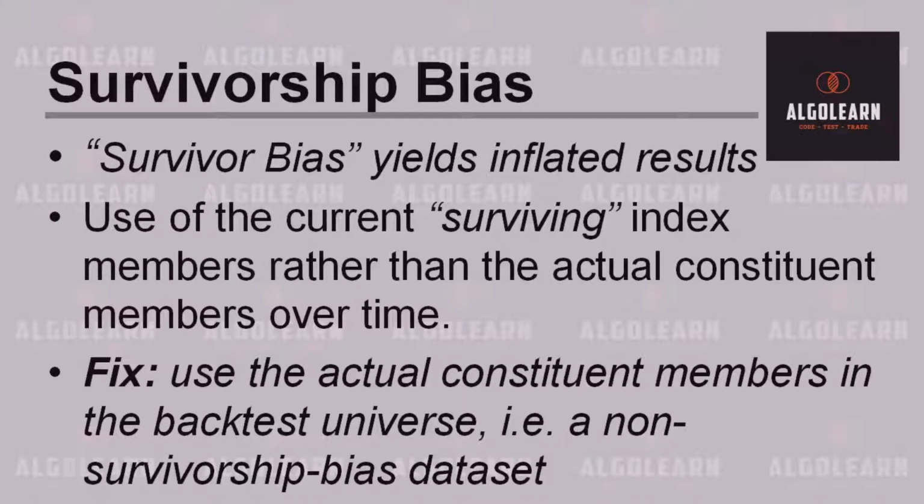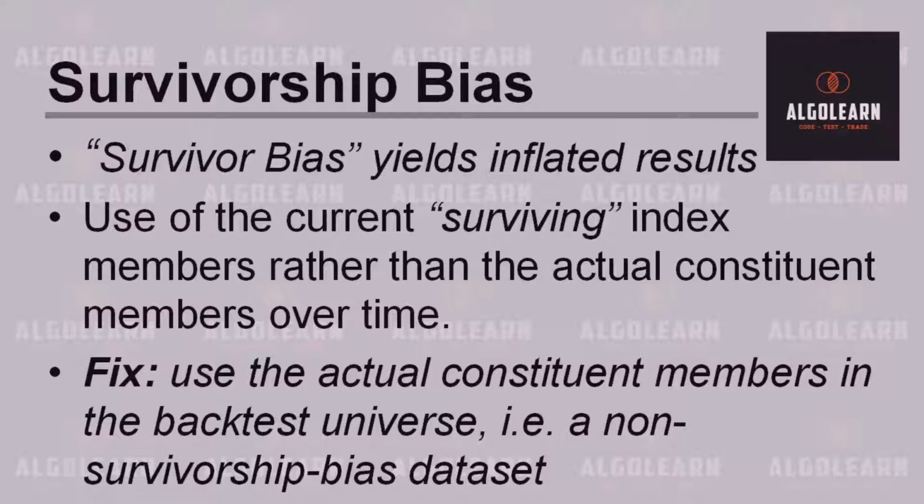Survivorship bias, something that I'm sure you've already noticed during the previous sessions, is that we are using the current membership index, if you will, for the S&P 500. And so the bias that I'm introducing is survivorship bias, because I'm using the current surviving index members at this point in time.